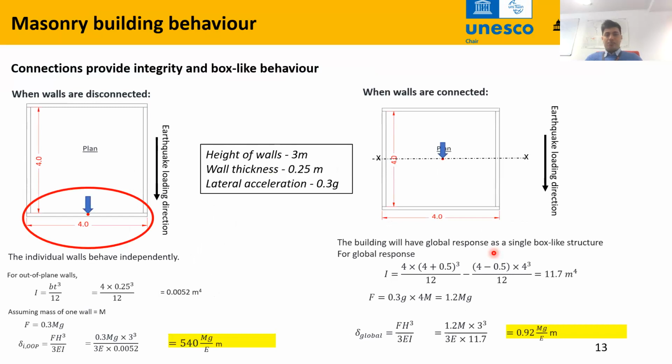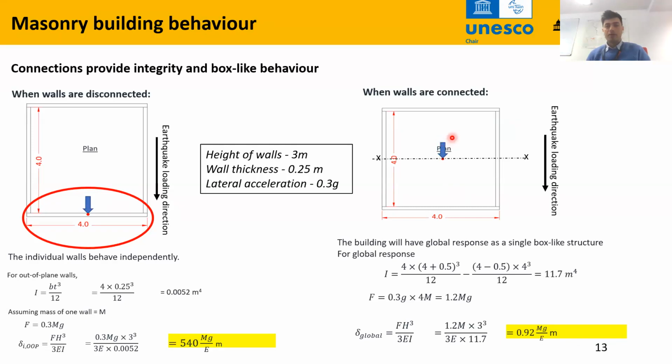This is a numerical example just to see how much they differ in terms of the displacement values. For example, this is the same set of walls, poorly connected. Therefore, the out-of-plane wall acts independently. Using the simple cantilever formulation, we can see the deflection at the top of this out-of-plane wall is 540 mg/mE, where these are just the modulus of elasticity, mass of wall, and the gravitational constant, which are constant in both cases.